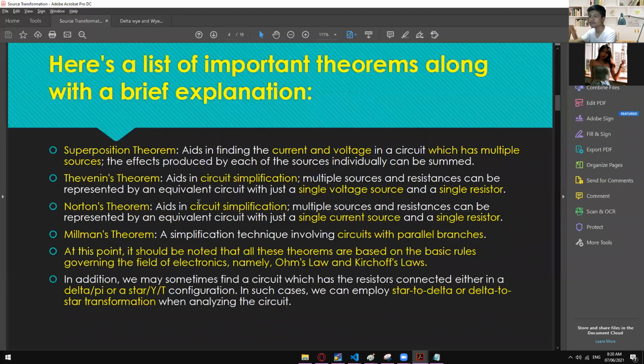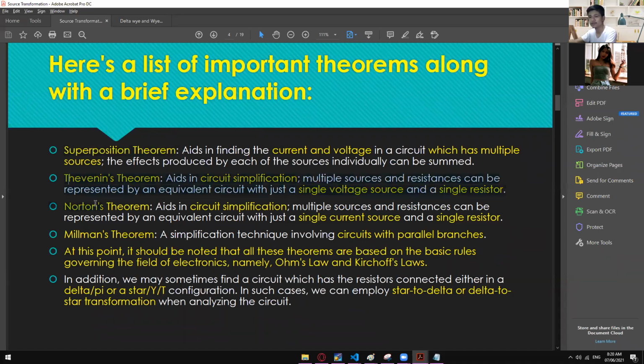All right. So here's a list of important theorems along with a brief explanation. We have already discussed superposition. Wait, let me just recall. Yeah, so this is very good if you have multiple sources.